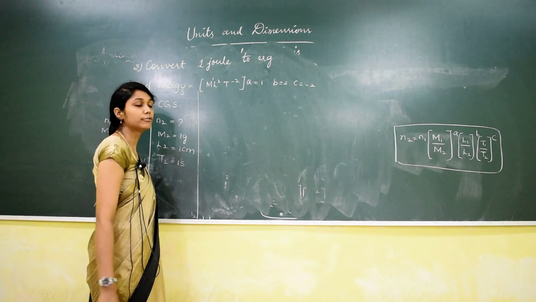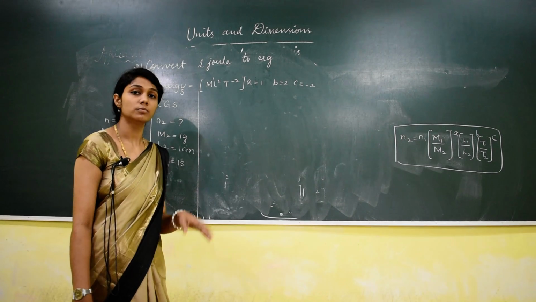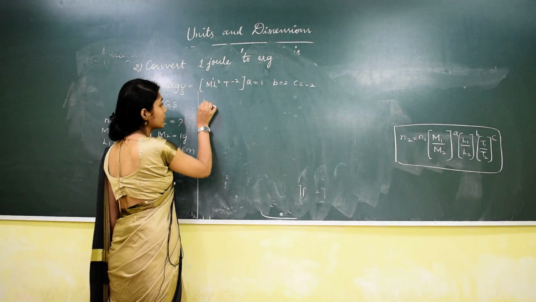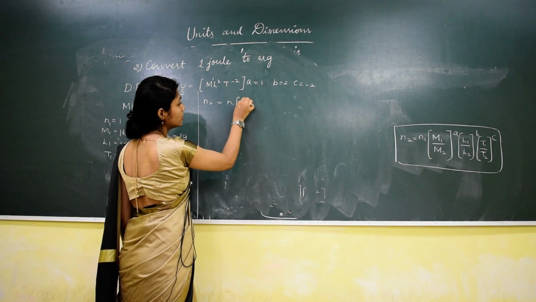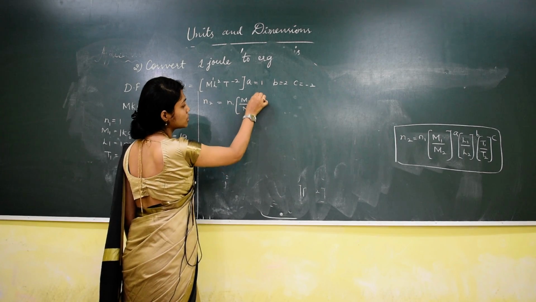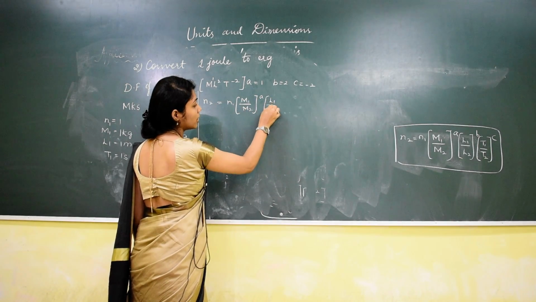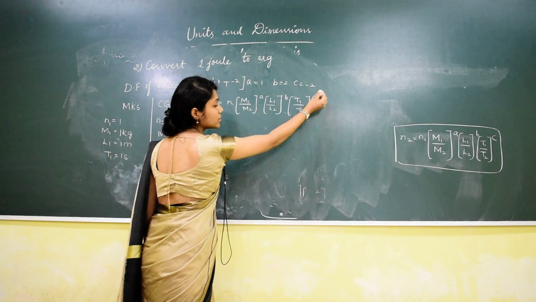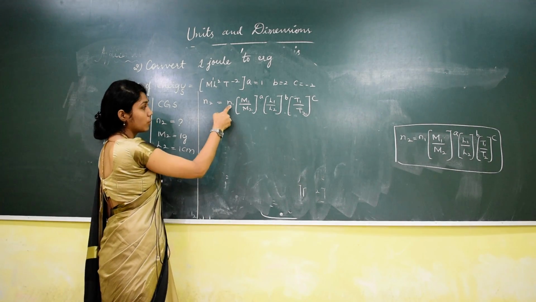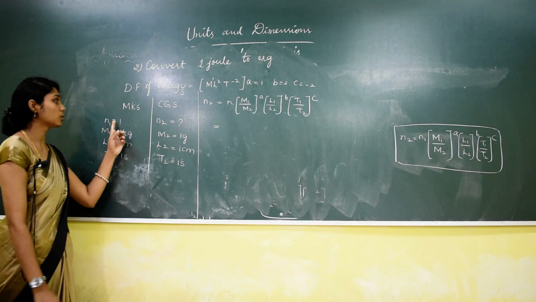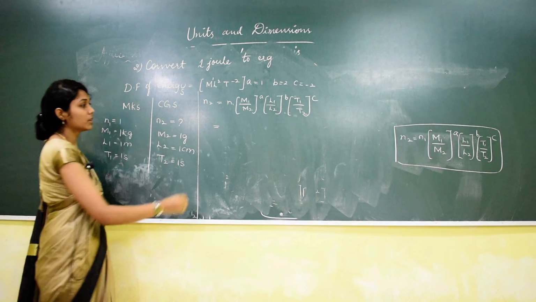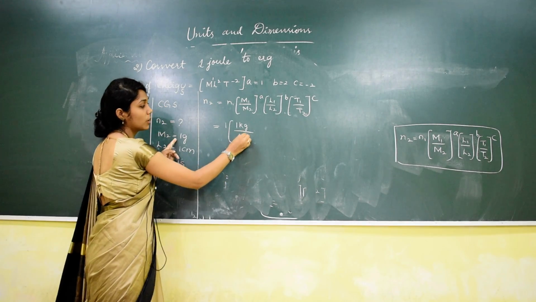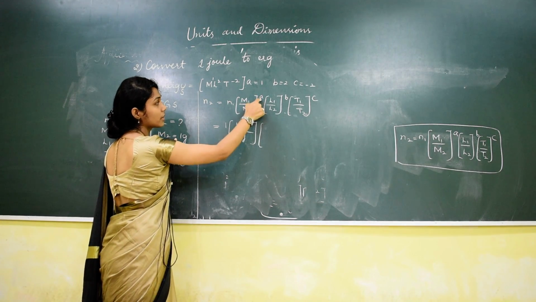Now we will directly apply that formula to convert 1 joule to some numerical value in erg. Therefore N2 is equal to N1 into M1 by M2 raised to a, L1 by L2 raised to b, T1 by T2 raised to c. This is equal to the value of N1, which is 1, M1 is 1 kg divided by M2 value, 1 gram, raised to 1.